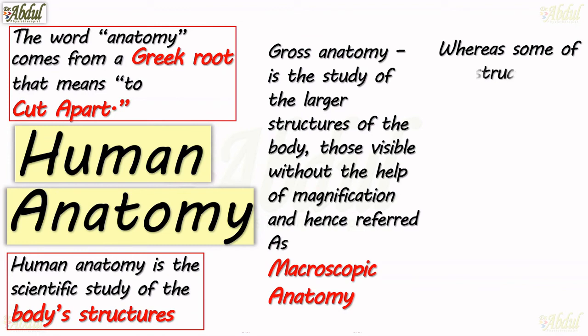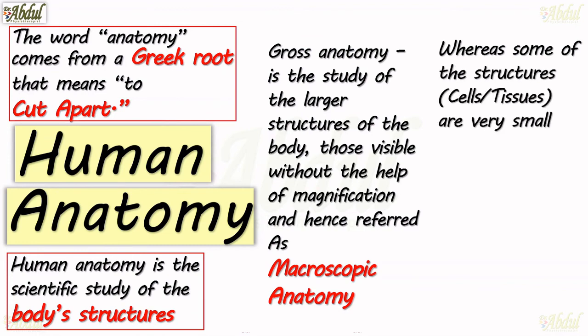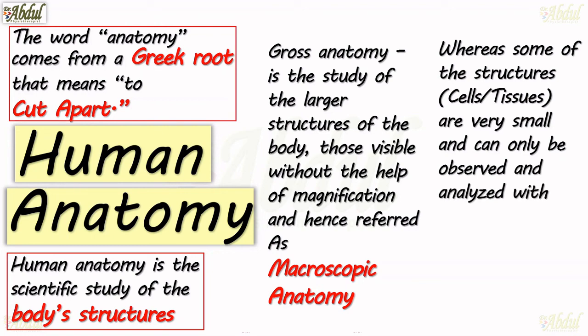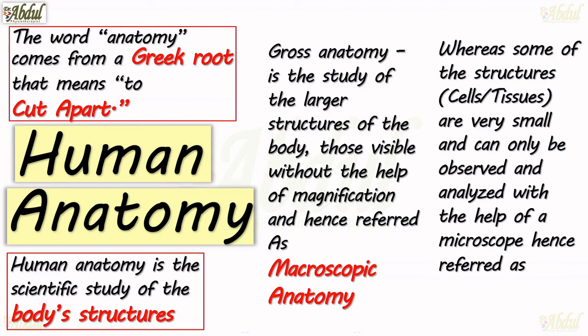Whereas some of these structures, like cells or tissue, are very small and can only be observed and analyzed with the help of a microscope, hence referred to as microscopic anatomy. So these are the two subdivisions of human anatomy. What are they? Macroscopic anatomy and microscopic anatomy.